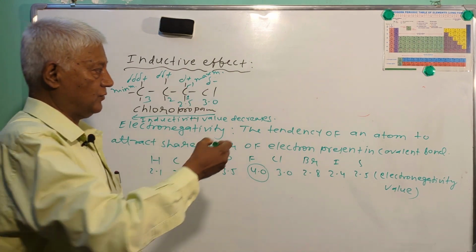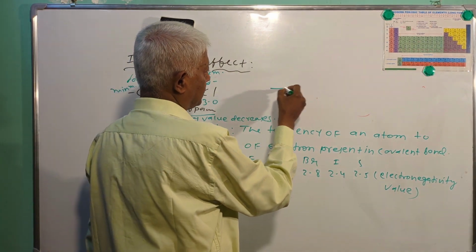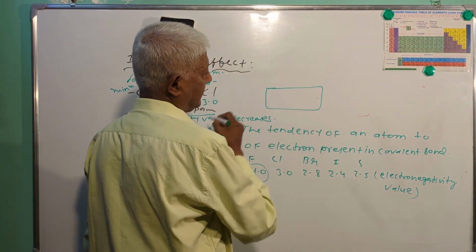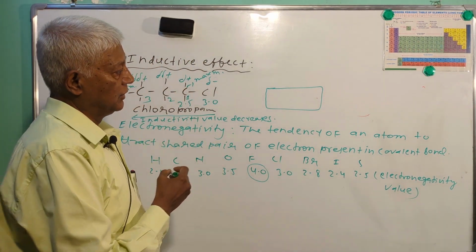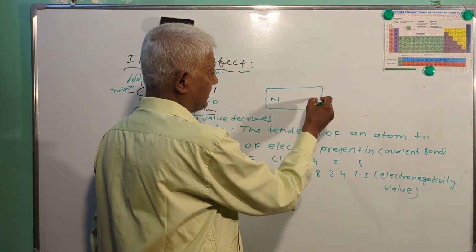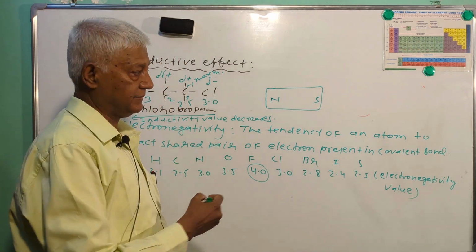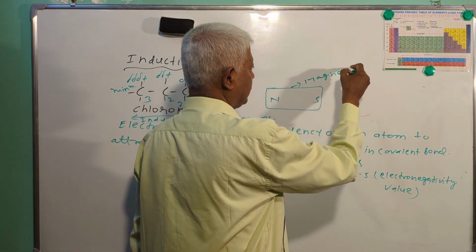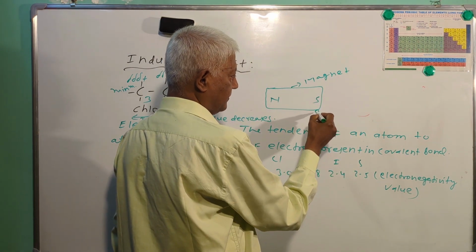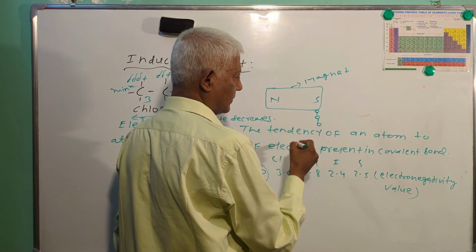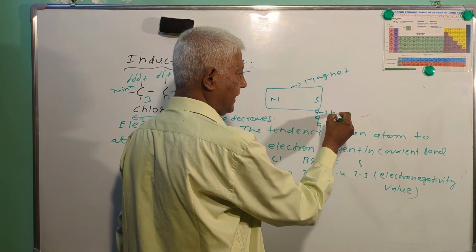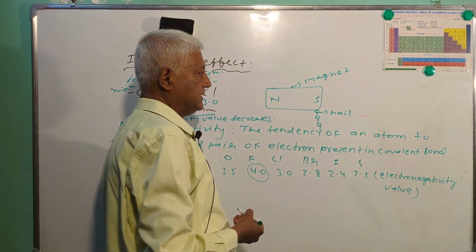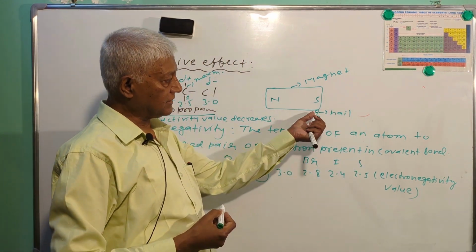To understand this concept, we take a very simple example like a magnet. There is the magnet and there are nails.